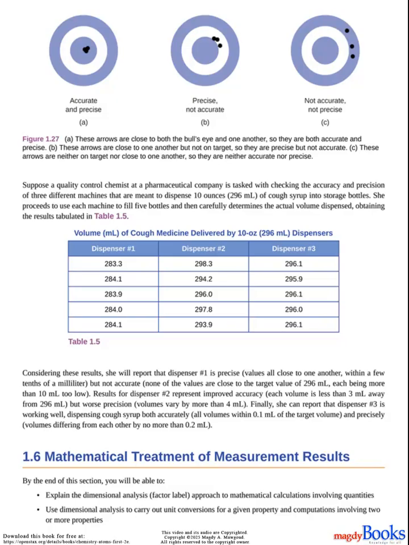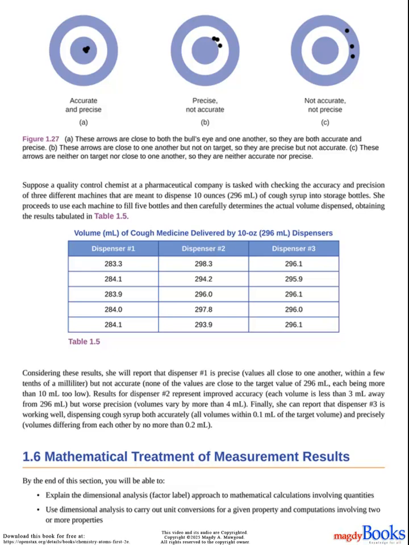Dispenser number 1, 283.3, 284.1, 283.9, 284.0, 284.1. Dispenser number 2, 298.3, 294.2, 296.0, 297.8, 293.9. Dispenser number 3, 296.1, 295.9, 296.1, 296.0, 296.1.